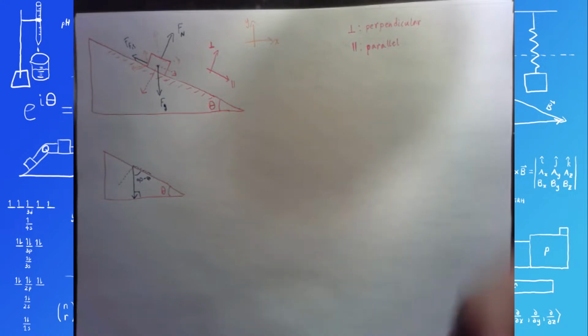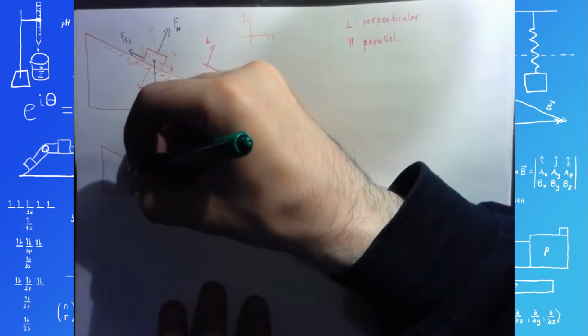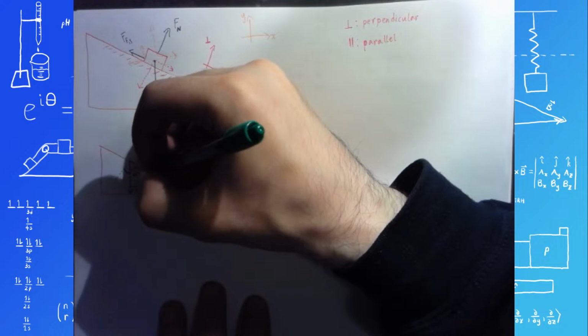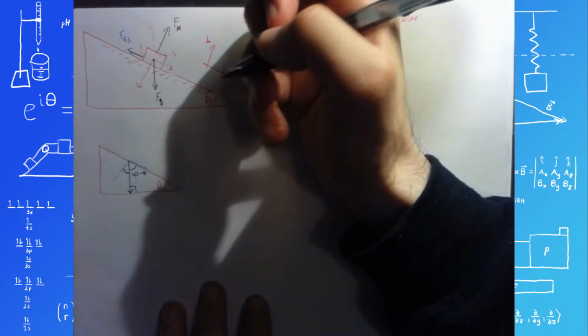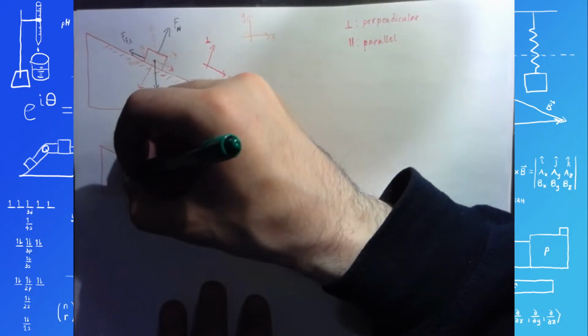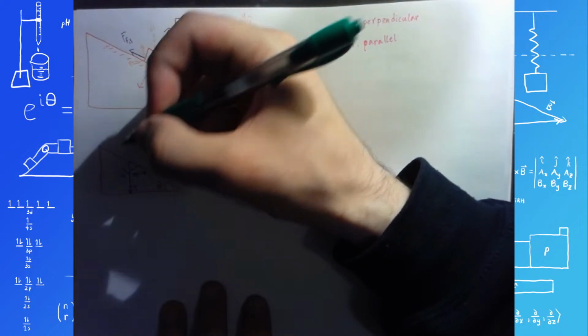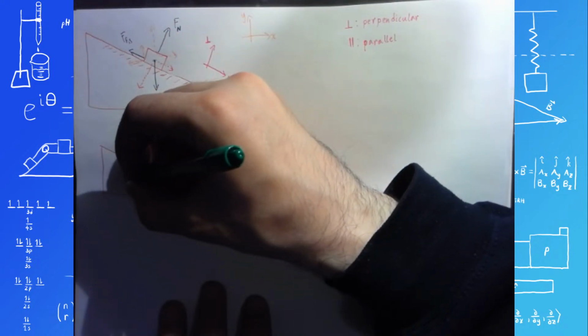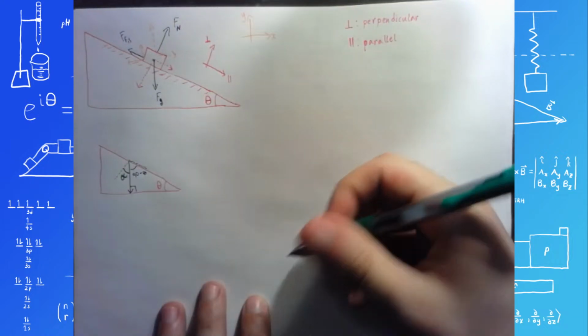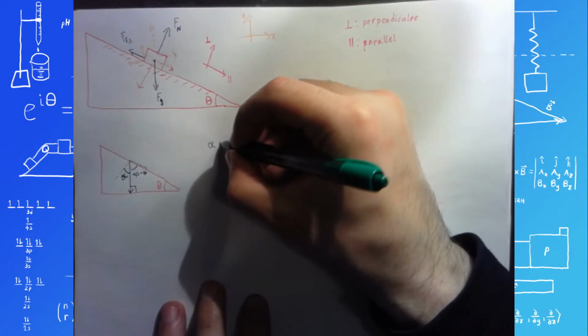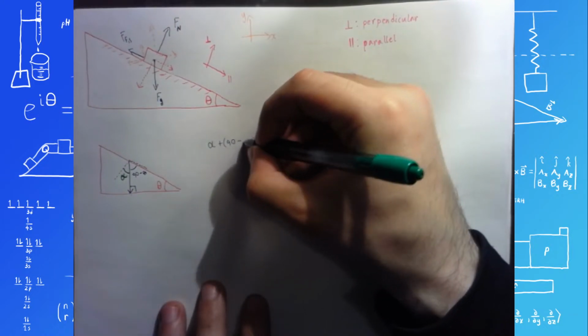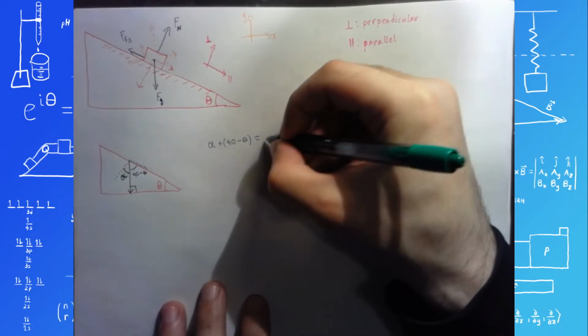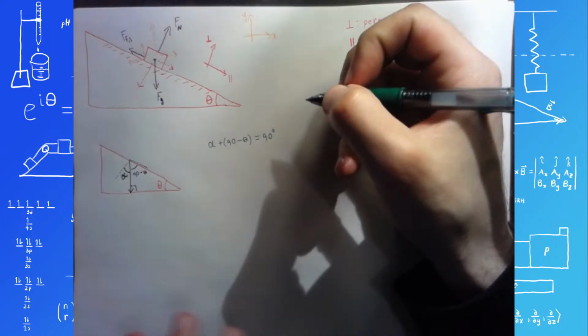So this angle plus this 90 minus theta must add up to 90 degrees. So what's this? Let's call it alpha. So alpha plus 90 minus theta has to add up to 90 degrees.